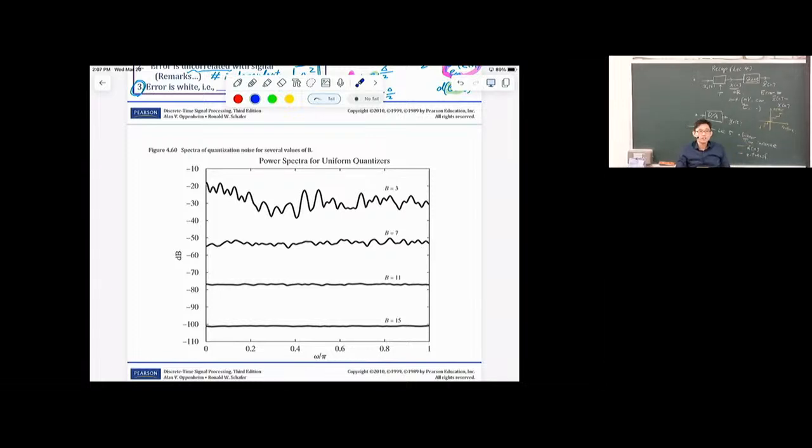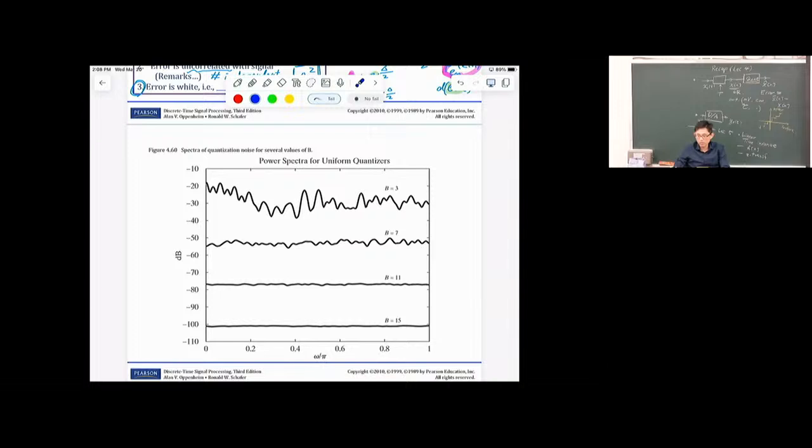The color white means all the colors are in it, a broad spectrum. If you mix all the rainbow colors, we get white light, right? So white means that every frequency is in the signal.